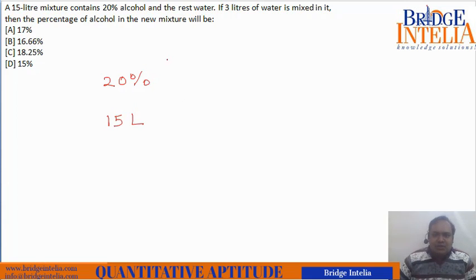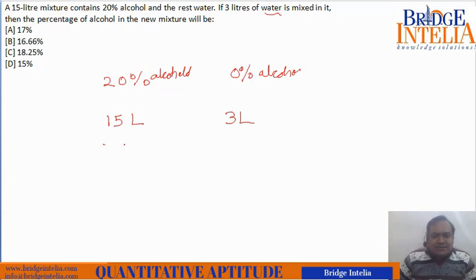If 3 liters of water is mixed in it, that means, since water has no alcohol, you would say 0% alcohol content.